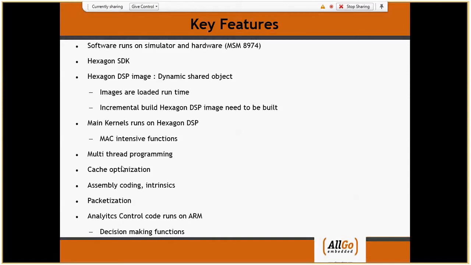So basically you can have 4 different types of instructions running in parallel. We try to utilize this feature to get the best megahertz for our algorithm. Some of the analytics control code, as I mentioned earlier, we run on ARM. Basically decision making and some pixel replacement functions we try to keep on the ARM side.